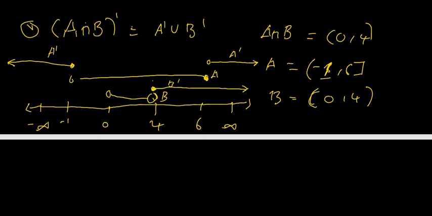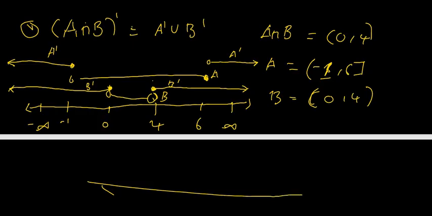So B complement, then from there again all the way where again it will be included, this will be our B complement. So we want to find where these guys are uniting. You find that they don't meet anywhere, so we can illustrate them just like this.